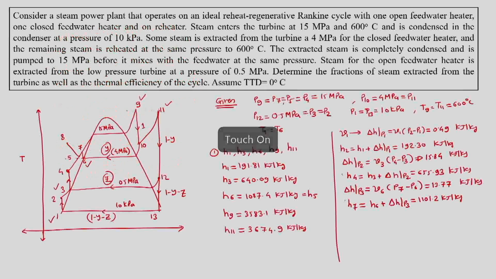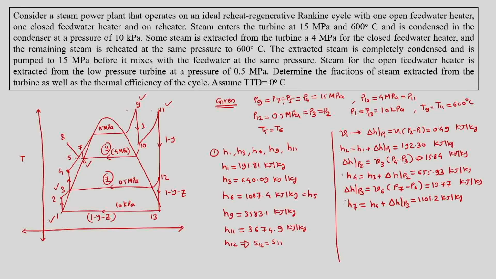This gives us Z to be 0.1312. Here we would have found H12 with the constraint that S12 is equal to S11.